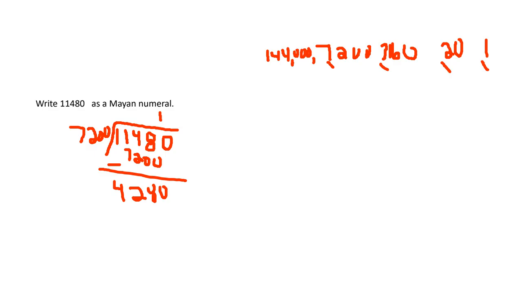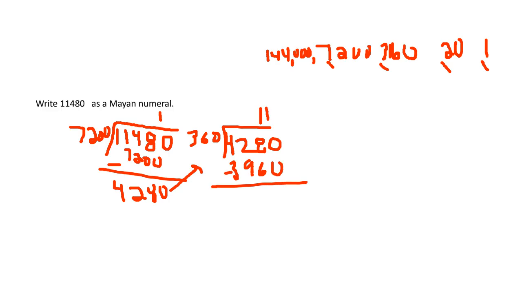So the next place value that will divide this is 360. So 360. So that goes in 11 times. So that gives me 3960. And the remainder is 320.